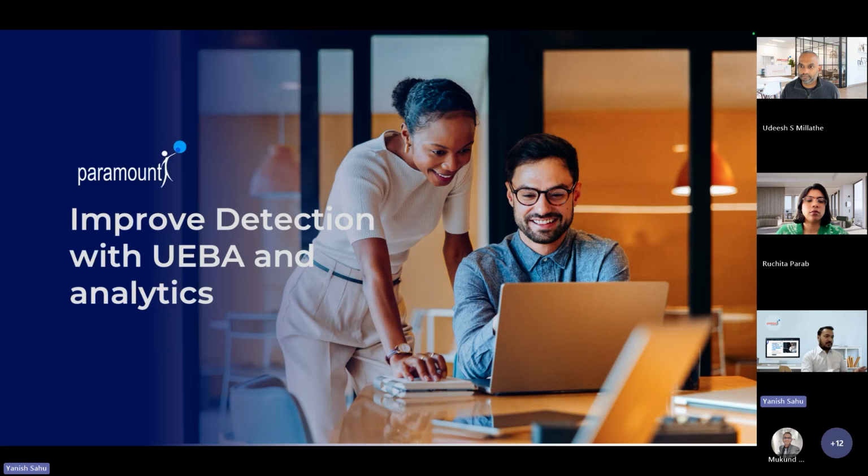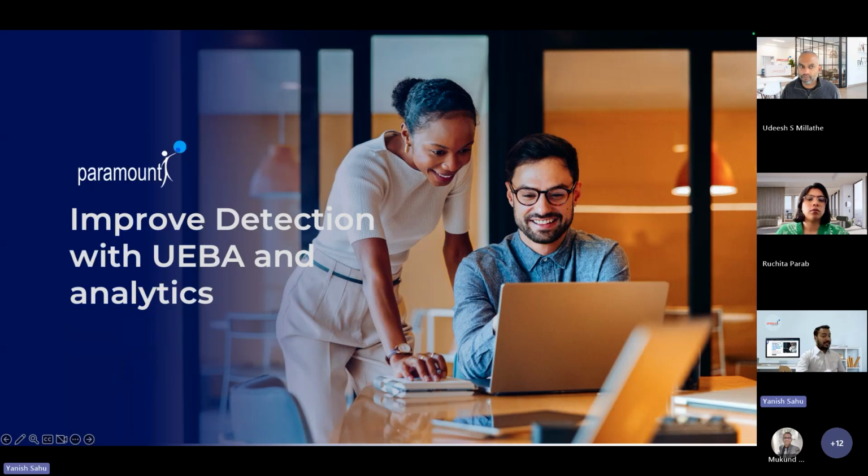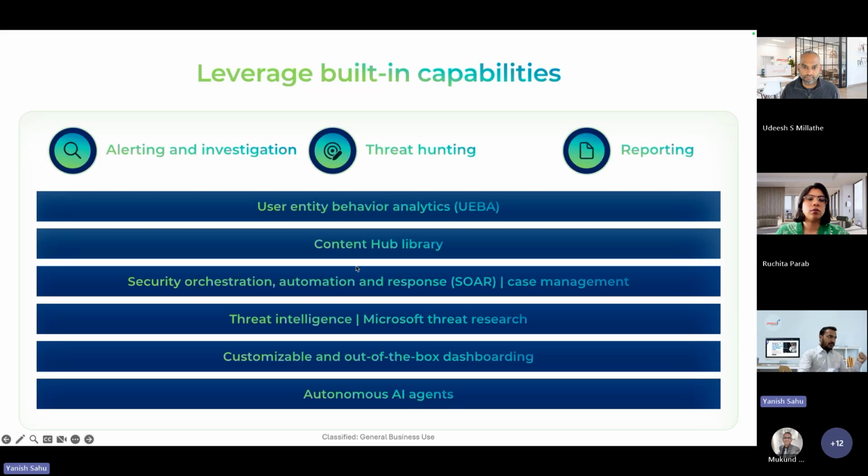Now, we understood that we are able to bring in the data and Sentinel provides its set of capabilities, but what are the additional features that we can utilize right away to get benefits around UBA and analytics altogether? As a platform, of course, UBA has been there and has improved continuously in the last few years.